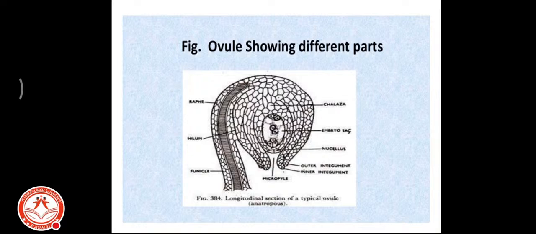In the ovule, nucellus cells are present, and one of the nucellus cells on maturity forms the embryo sac, and that embryo sac has a 7 cell 8 nuclei stage. The ovule shown in the figure is a typical anatropous ovule. The most common type of ovule that exists in plants is the anatropous ovule.